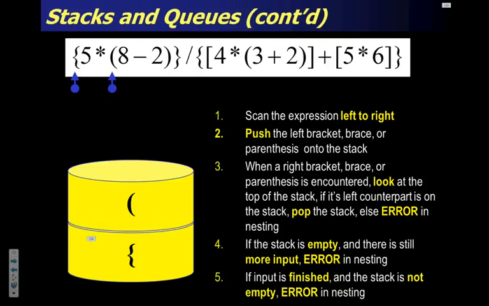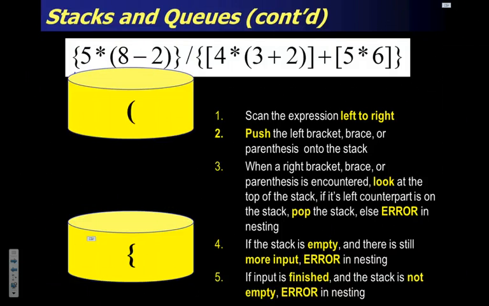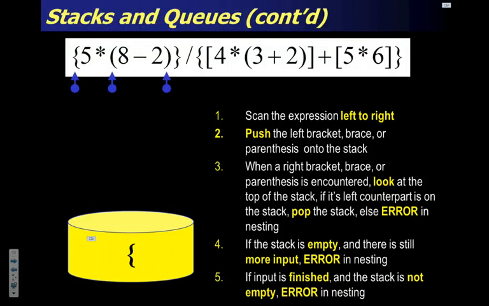And then I encounter a right bracket. So according to my algorithm, when I encounter a right bracket, I look at the top of the stack, and if they match, they're the same type of brackets, curly, round bracket, success, I pop the stack. And now I continue.